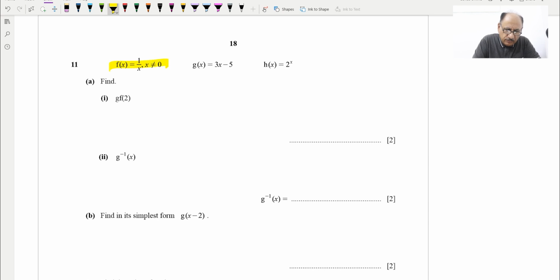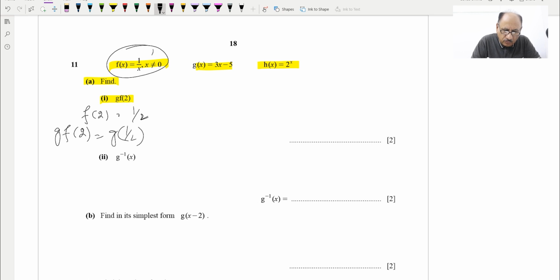It's very simple if you focus on this. So g of x, h of x is given. Find g of f of 2. First we will be finding f of 2. So f of 2 is equal to 1 over 2, replacing x with 2. Then g of f of 2 will be g of 1 by 2. So we'll replace x in g of x with 1 by 2.